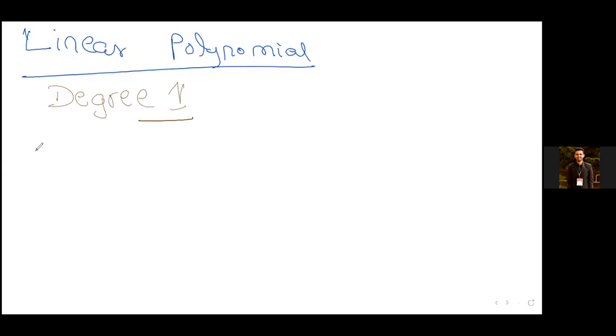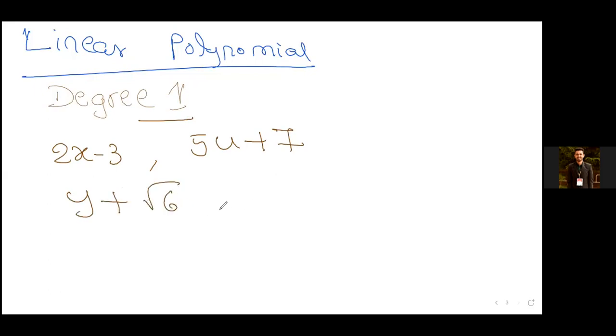For example, 2x minus 3, 5u plus 7, and y plus root 6. So all these are examples of linear polynomial.